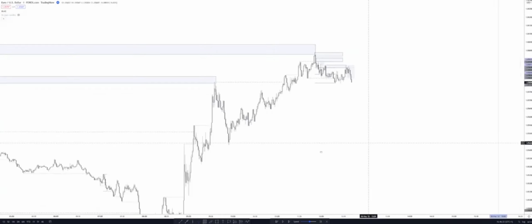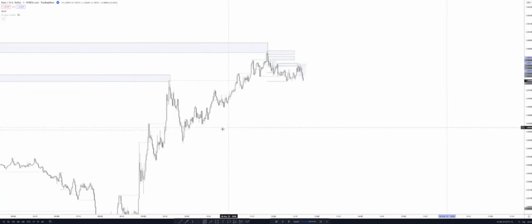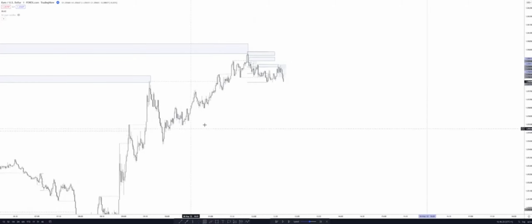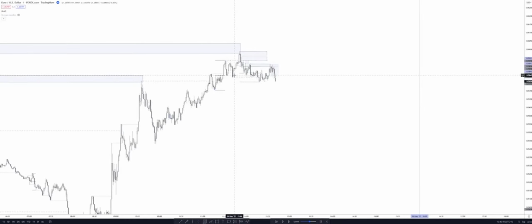Now you might be wondering what I'd be targeting. Well, looking to the left, management wise, you can see what we had was a mitigation, a re-establishment of order flow here. And then another break down. So we can assume that price doesn't need to come into any of these areas before continuing down.